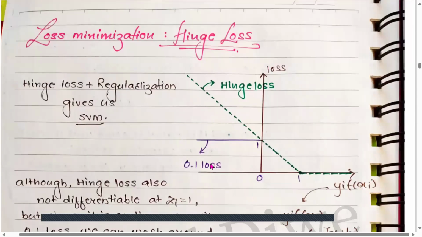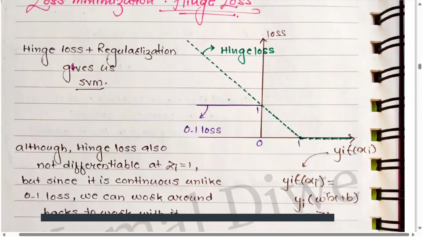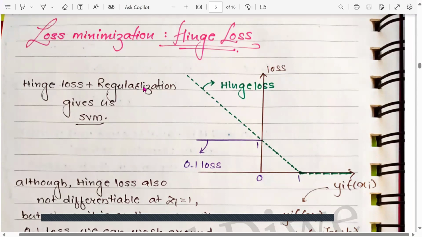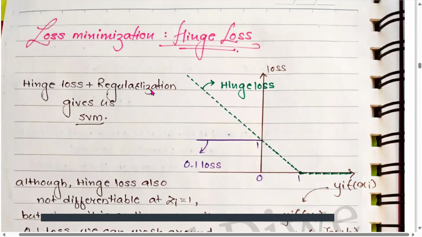Hinge loss plus regularization gives us SVM. How do we get SVM? Through hinge loss plus regularization.